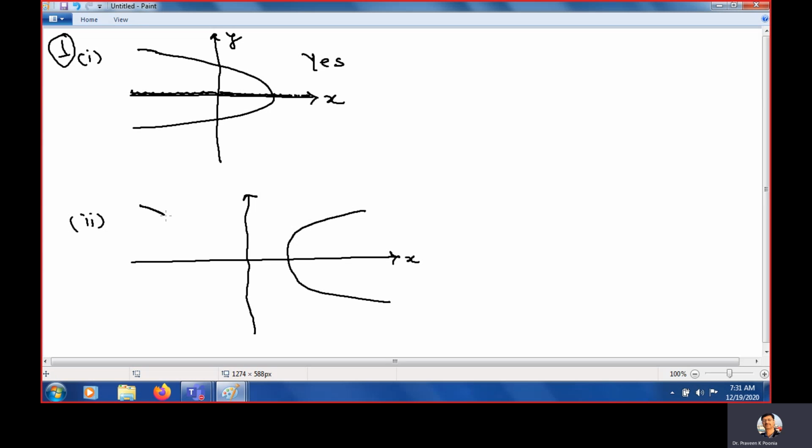This is, and this is. Is it symmetrical? Yes, it is symmetrical. Why? Because the x-axis is working like a mirror. It is the same above the x-axis and the same below. This is the second one.